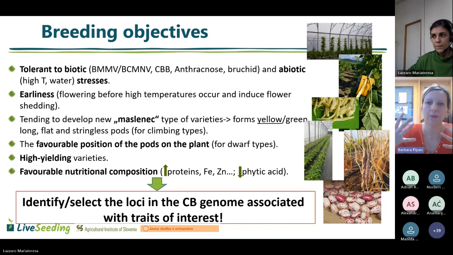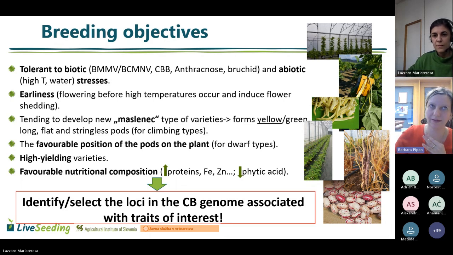So why am I explaining these breeding objectives to you? Because these breeding objectives are strongly associated and related with the traits of interest, which we want to improve during the breeding programs.